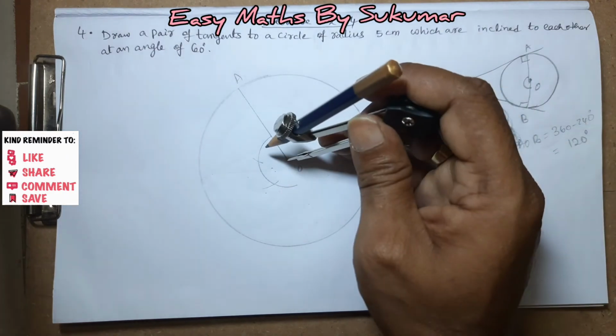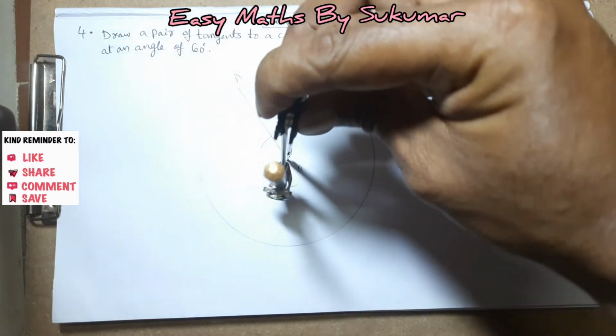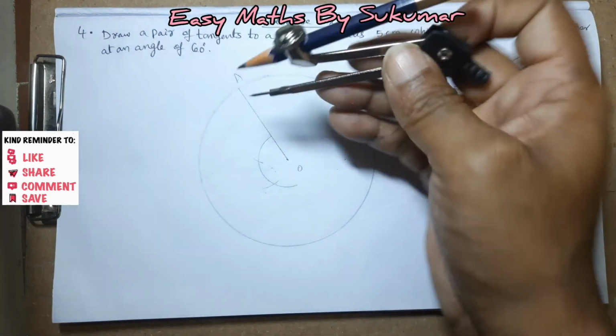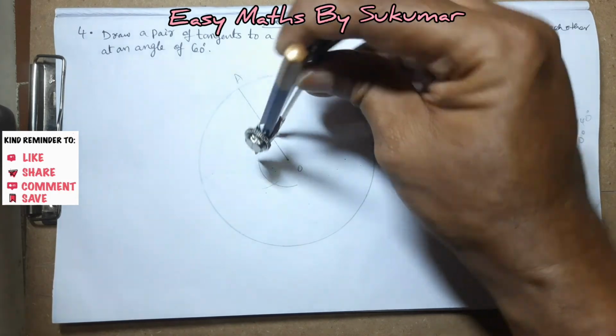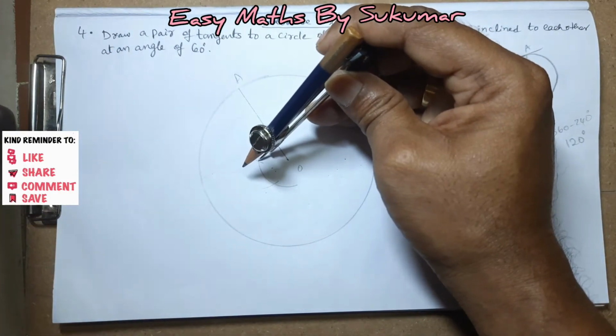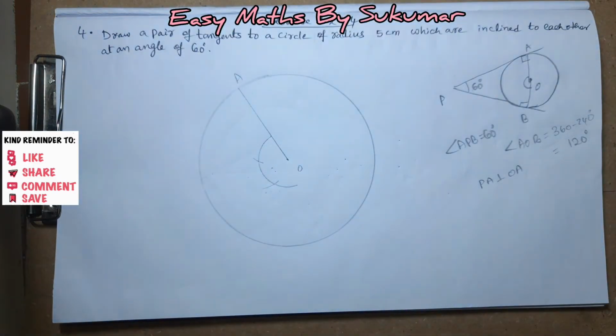What I did first? With O as center, from here to here, with your convenient radius, draw an arc like this, like a semicircle. With the same radius, from here, draw an arc, cut this previous arc. From here also, cut another arc to the previous arc.